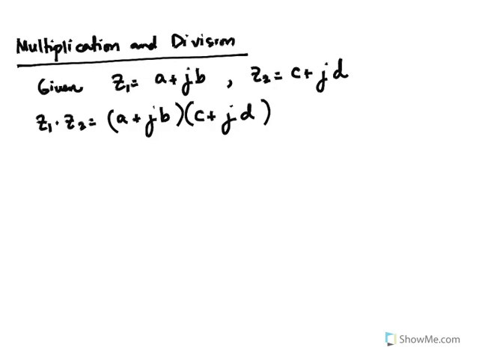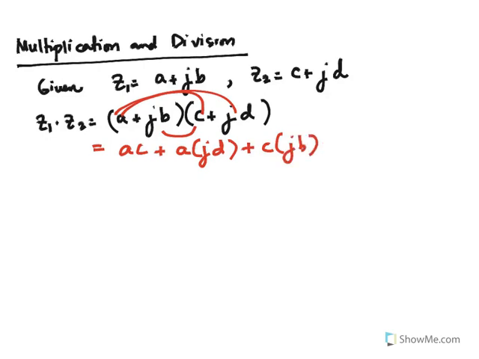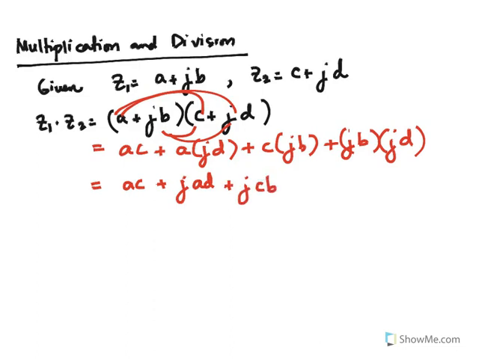So here, a plus jb times c plus jd is simply a times c plus a times jd plus c times jb plus jb times jd, which is ac plus jad plus jcb plus j squared bd, because you have j times j.